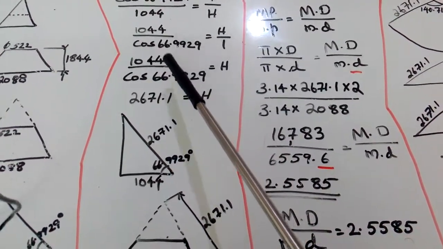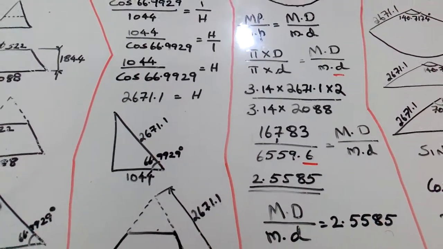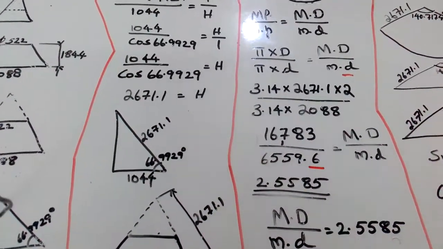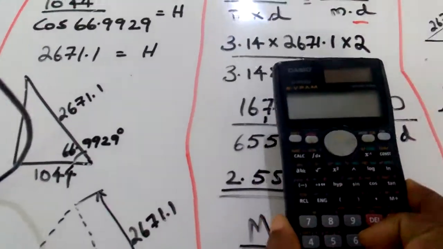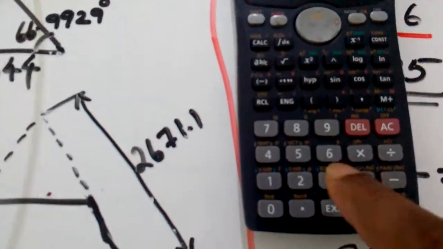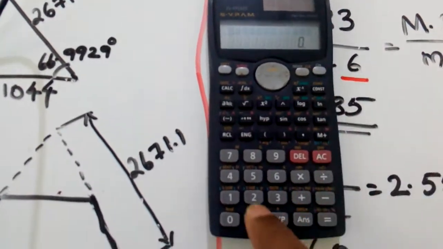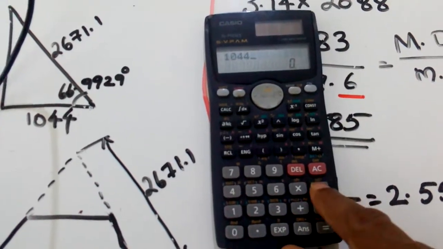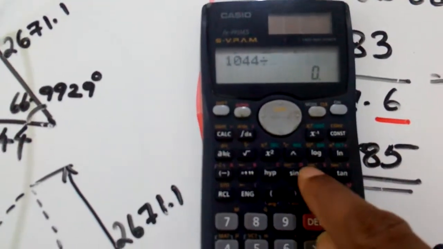H is 1044 divided by cos 66.9929. Just switch on your scientific calculator and find out 1044 divided by cos 66.9929. Just switch on it. 1044 divided by cos 66.9929.